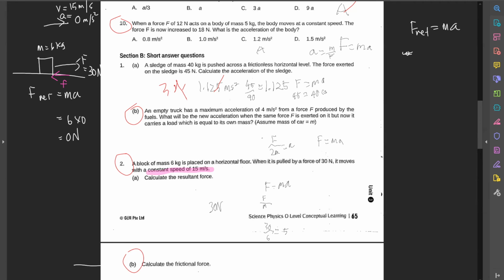So in this case, I examine this drawing again, right? Then I can say resultant force is F minus F is mass times acceleration, right? So 30 minus friction is 0. So friction is 30 newtons. The frictional force is 30.